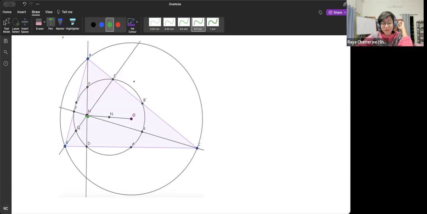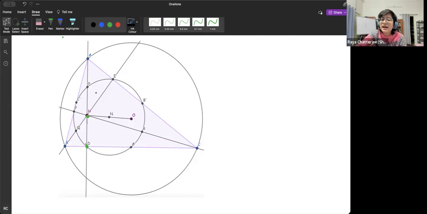So for that, what we need to prove is that the reflection of H across D, the reflection of H across A prime, and all those reflections lie on the circumcircle of ABC. So we can basically bring those points back into the 9-point circle using homothety, and we can say that those 9 points were concyclic. So yeah, that is basically our motivation.